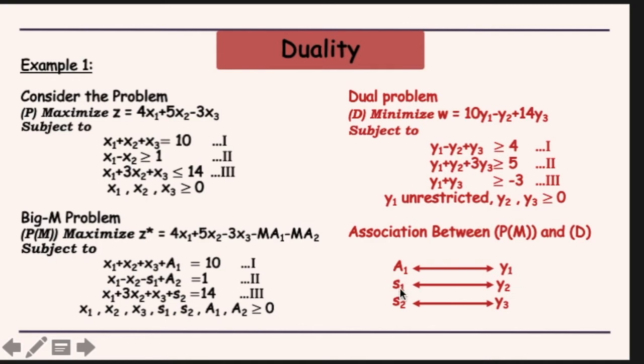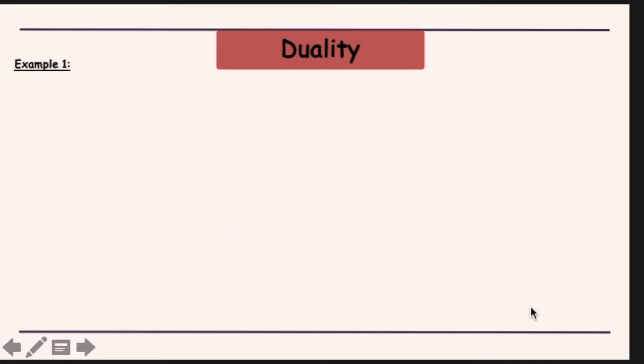Then S1, the surplus variable from the second constraint, is associated with the second dual variable y2, and S2 from the third constraint is associated with the third dual variable y3. We would now see how to solve this using simplex.